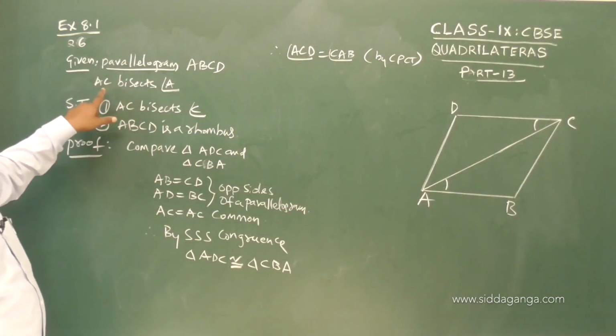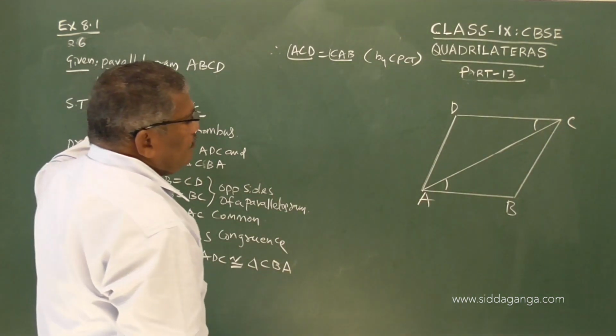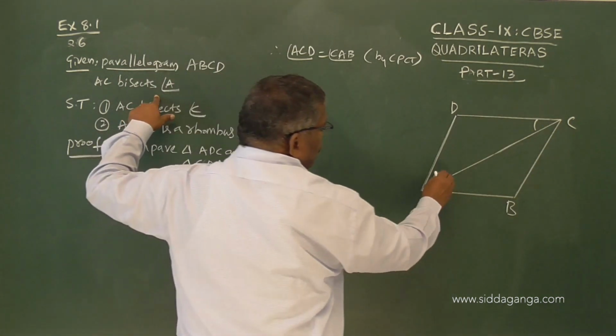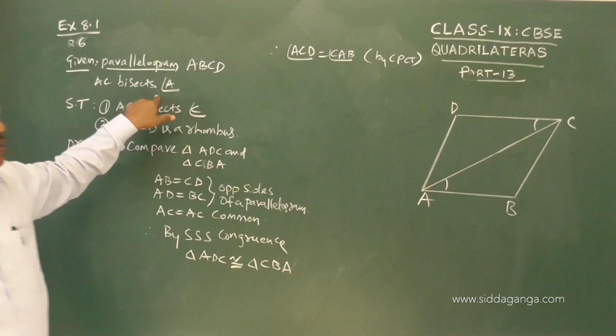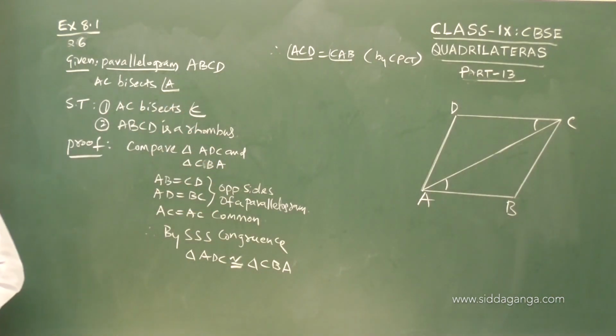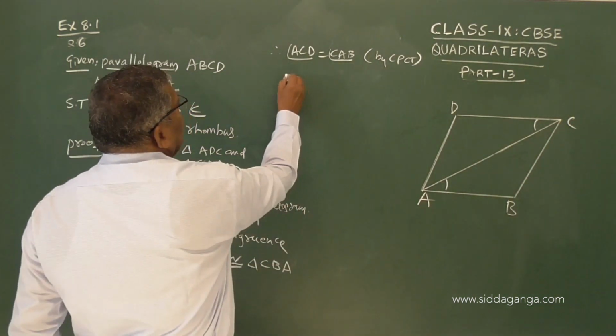See, in the question it is given AC bisects A. So therefore, these two angles are equal, this one and this one. What is given is CAB and CAD are equal.